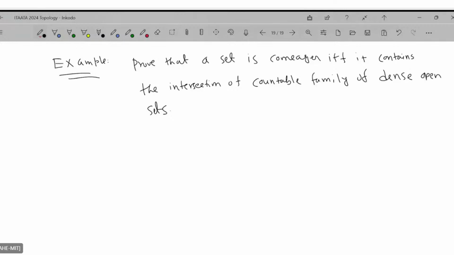X minus the union of those Bn is zero. That will be the intersection of X minus Bn. Which part you have to show? A is omega means... Okay, so let's go one by one.